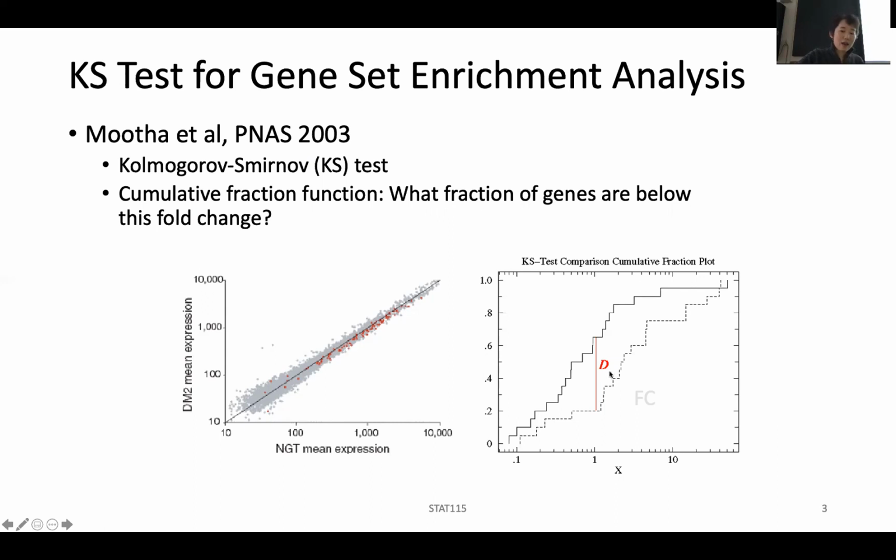Okay, and so this just asks, are the genes in this gene group very different from your genome-wide in terms of their cumulative differential expression level? And if they are very, very different, that's something interesting, right? You want to know this, even though individual genes may not really show you anything interesting.